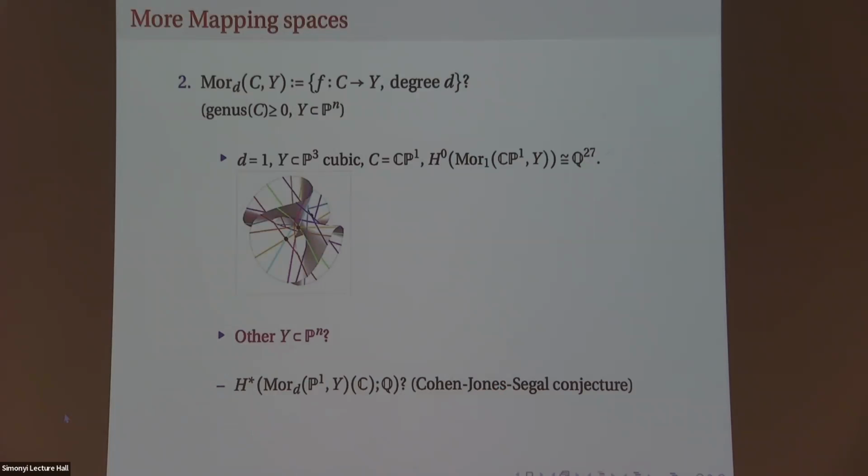But this brings us to a general conjecture that's attributed to Cohen, Jones, and Segal, that for any Y which is a Fano variety, if you don't know what a Fano variety is, think of a close approximation of projective space.